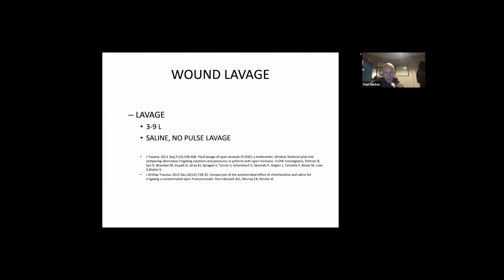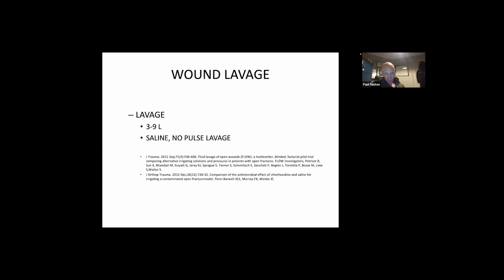In terms of the lavage, there's nothing clever about that. It's literally just saline. We don't use pulse lavage, which is a mechanical lavage, because that tends to just drive fluid into pockets and can spread contaminants further into the surgical field.